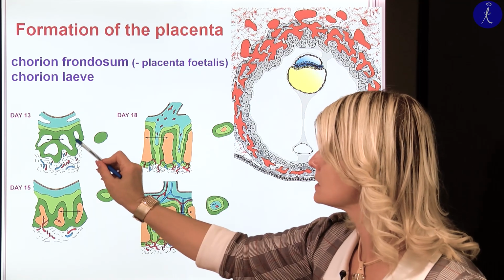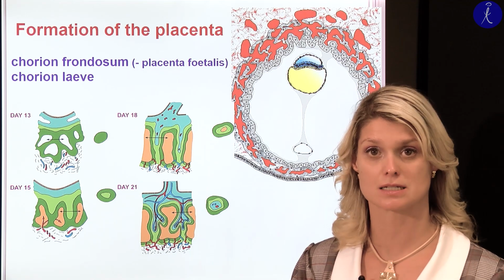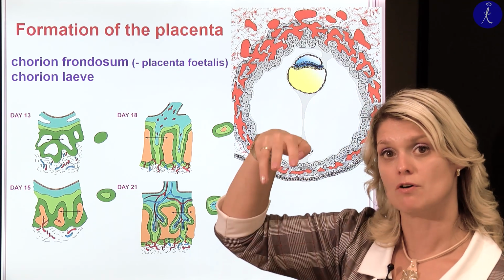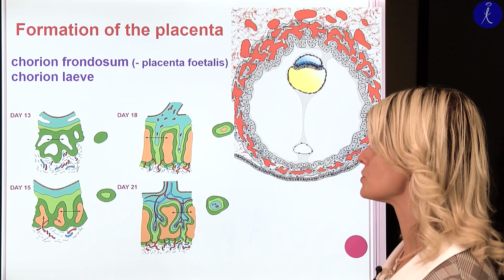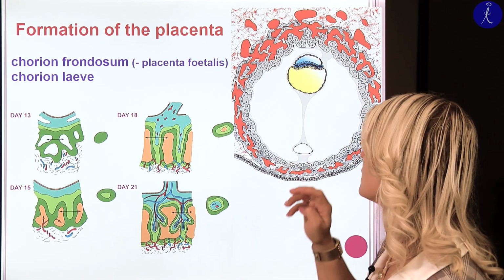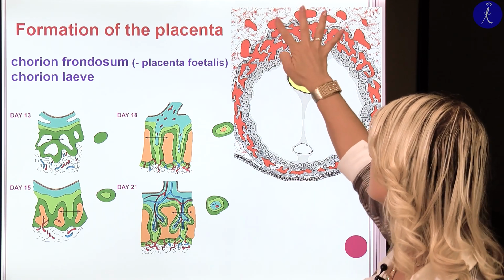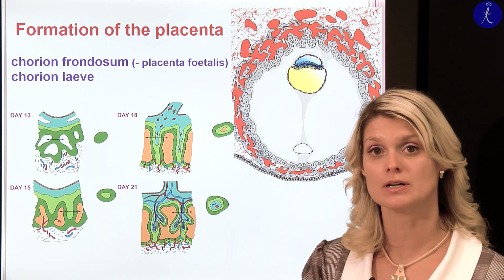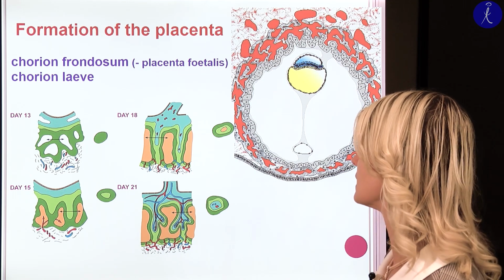Here you can see the development of the placenta, how there are finger-like protrusions, and how these chorionic villi grow into the decidual layer on the maternal side.